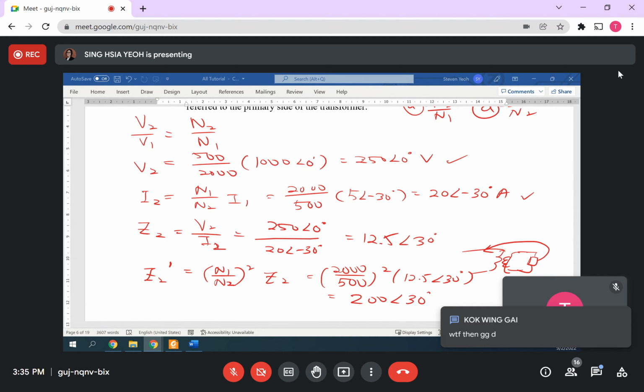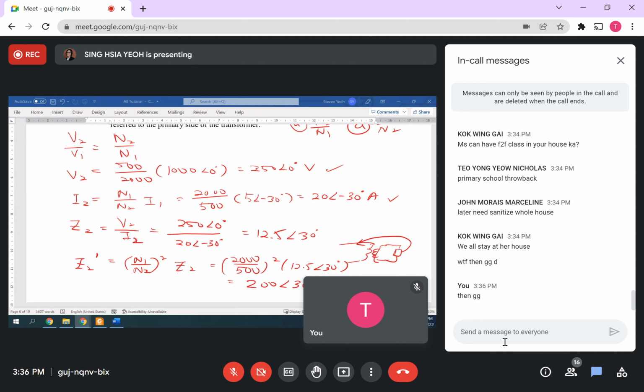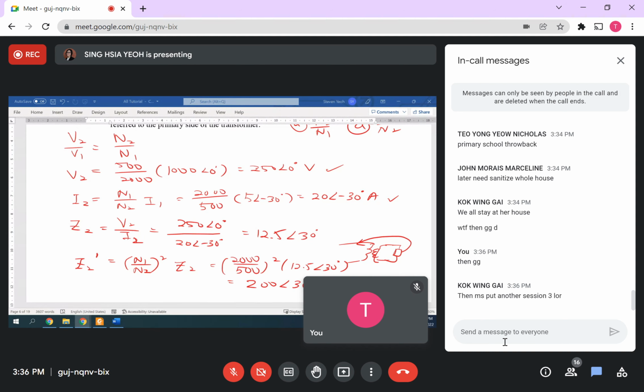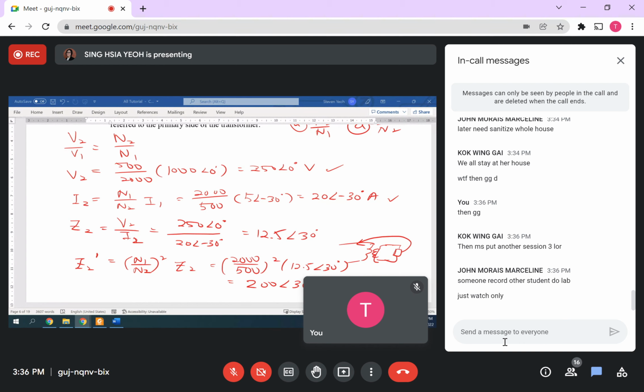If, touch wood, one of you needs to quarantine, don't say kena COVID lah, self-quarantine, then you cannot attend the lab, then how? I would need to put another 3-hour session. Someone could record the other students doing the lab.